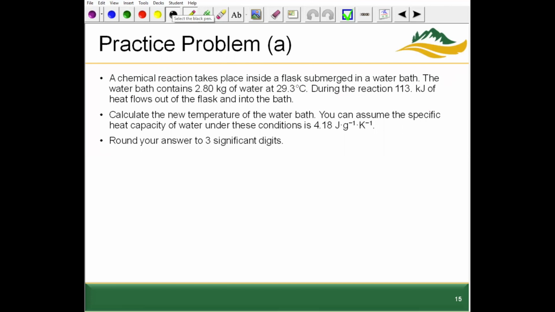Let's try this practice problem and we'll go through and be really clear about Q equals mc delta T, where that's a lowercase c, versus Q equals capital C delta T. So a chemical reaction takes place inside a flask that's submerged in a water bath.